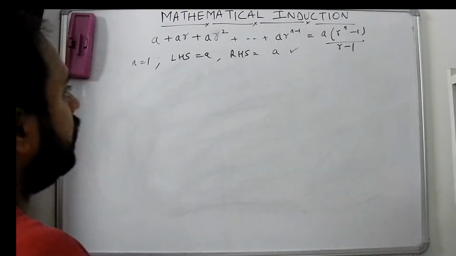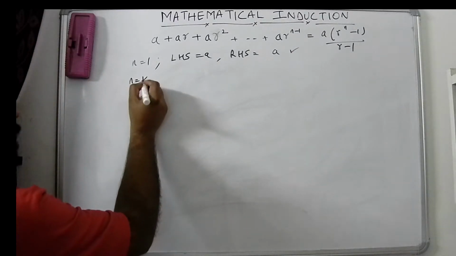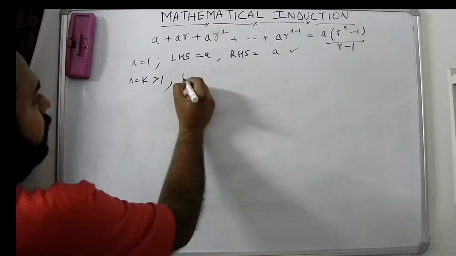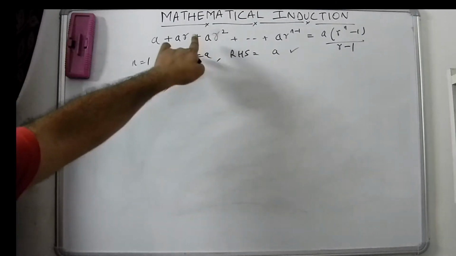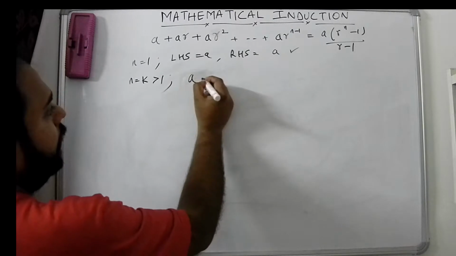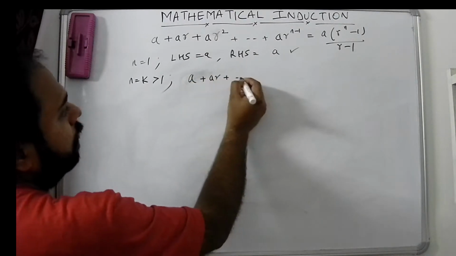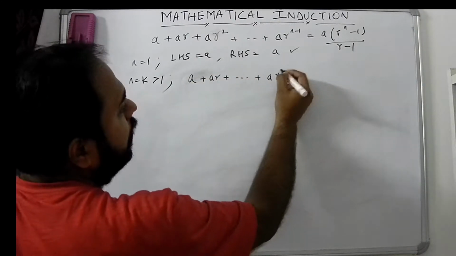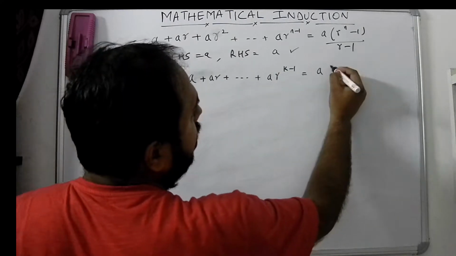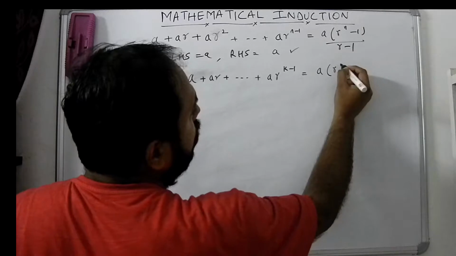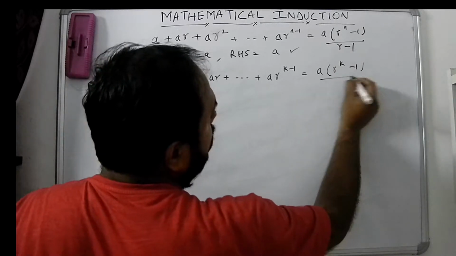So this is true. For n is equal to k, which is greater than 1, I need to assume that a plus ar plus up to ar to the power k minus 1 is equal to a times (r to the power k minus 1) upon (r minus 1).